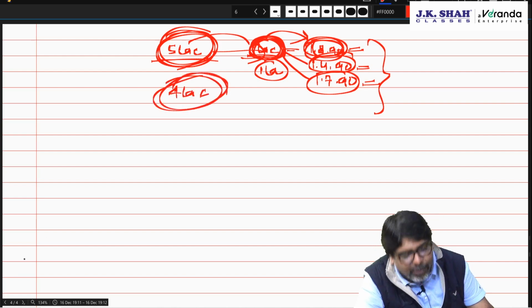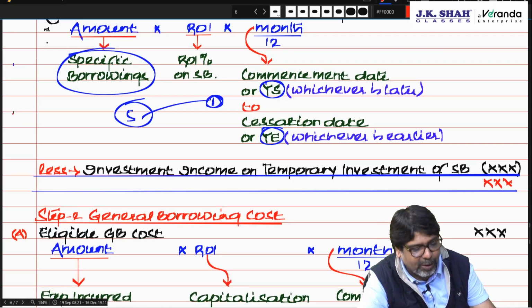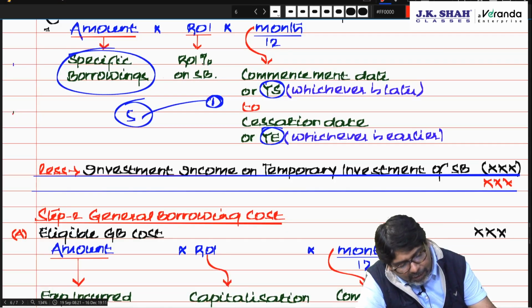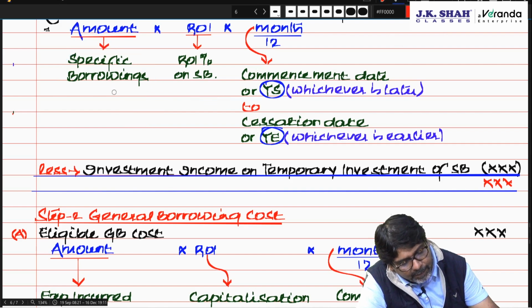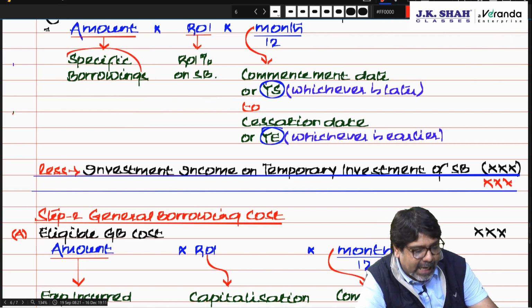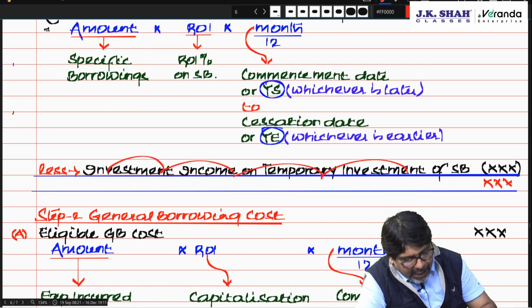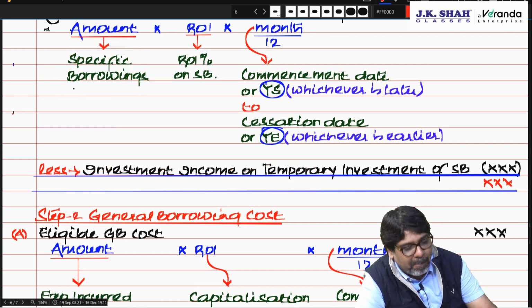And on that 4 lakhs you earn interest. That interest should be subtracted. Common sense. If I was calculating interest on 1 lakh only, I would not subtract this. But I am calculating interest on 5 lakhs. 1 lakh I am using, 4 lakhs I have invested.